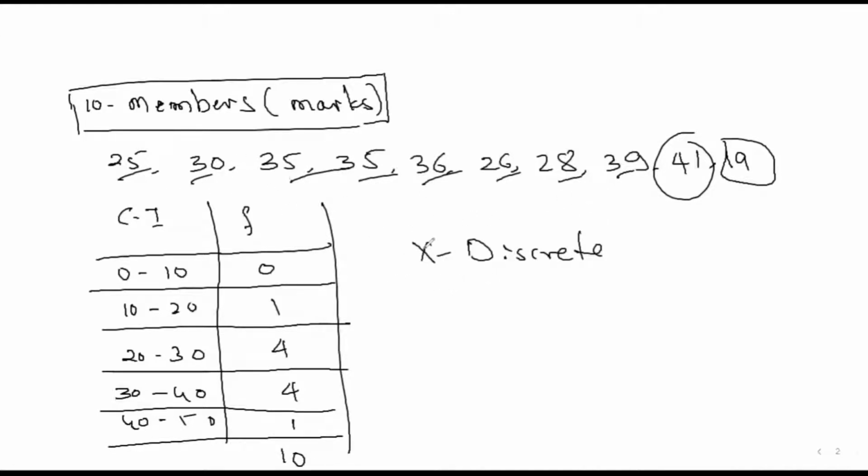All are discrete. If you use discrete data, that is discrete frequency distribution. If you use a continuous variable like time or height, that is continuous frequency distribution, right? So I hope it is now clear what you mean by discrete frequency distribution and continuous frequency distribution. Is it clear?